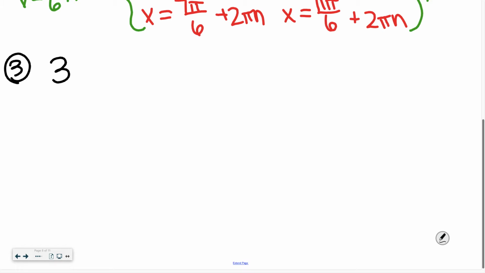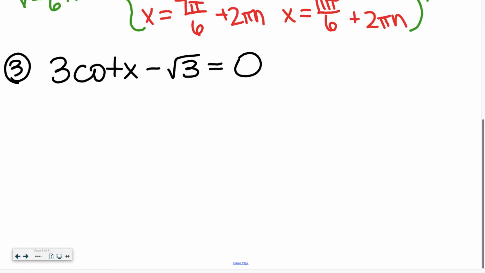Okay, third and final example. 7. Okay. What should we do?